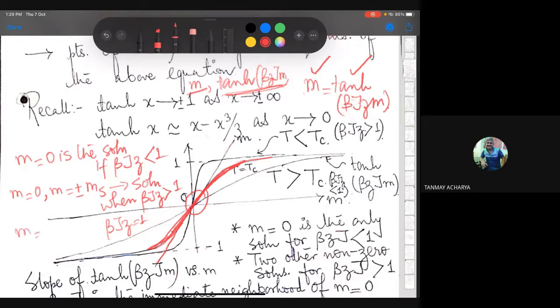So therefore m equal to 0 is the only solution when beta jz is equal to 1. So you see that this equation may have 3 solutions provided beta jz is larger than 1. Otherwise it has just one solution, m equal to 0. Fine?